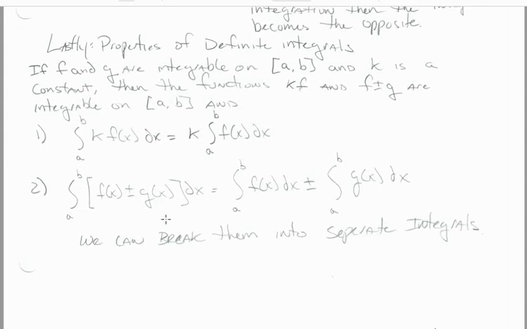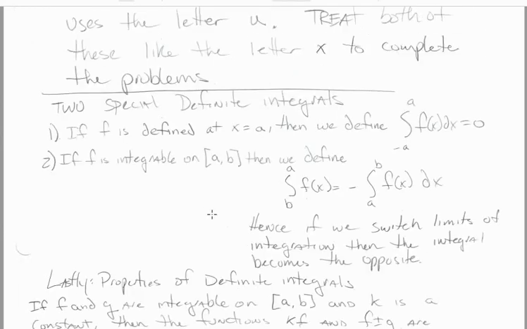Number 2 here is just saying, if we have f of x plus g of x, we can break it into the integral of f of x plus the integral of g of x. Or if we have f of x minus g of x, we can break it into two separate integrals, the integral from a to b of f of x minus the integral from a to b of g of x. That's exactly what we did in all these example problems up here.